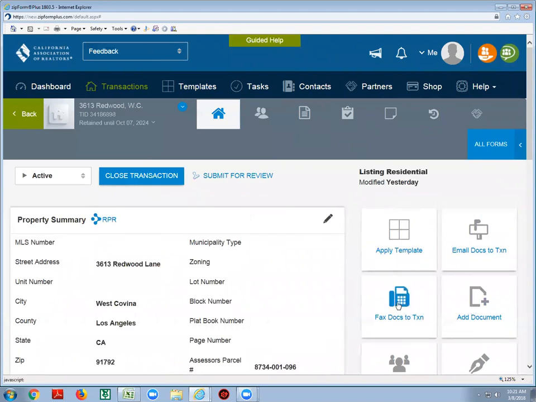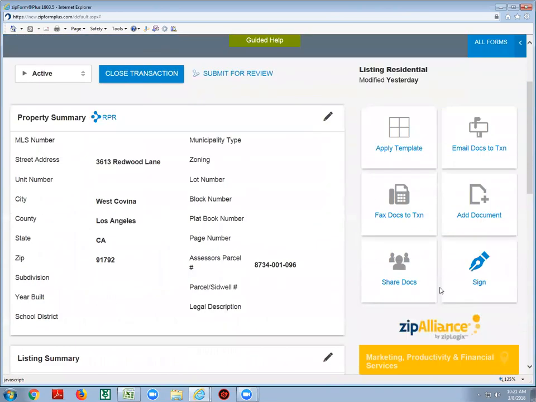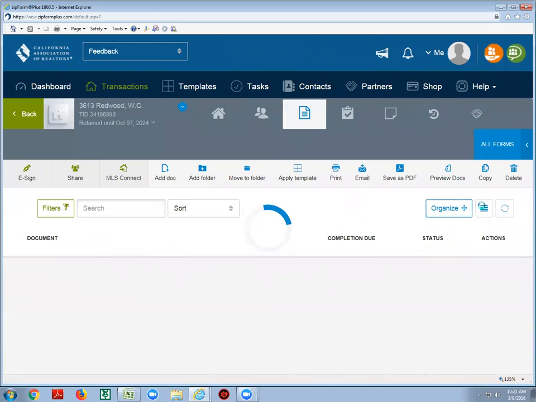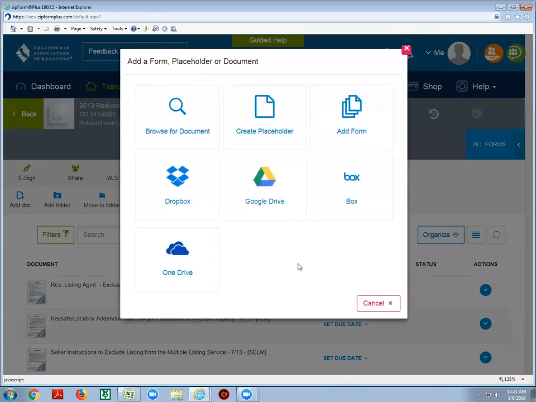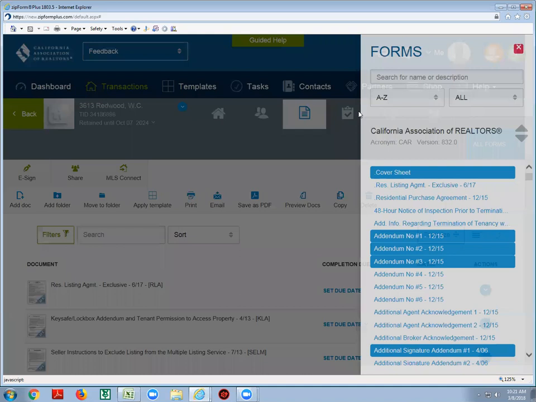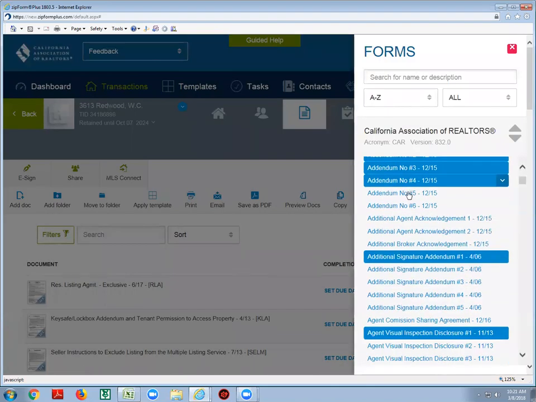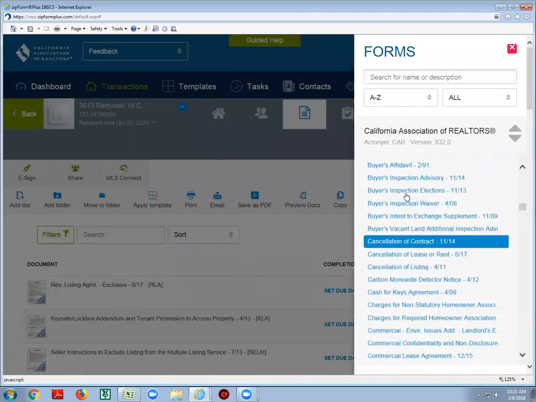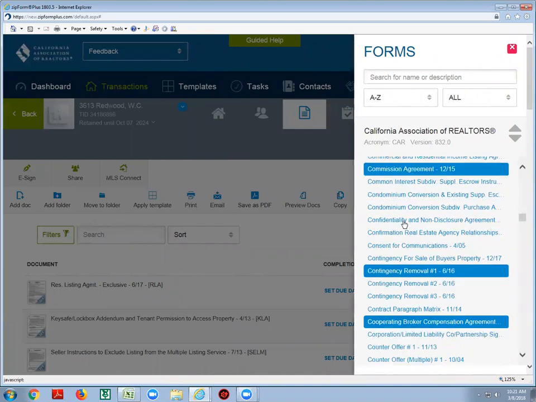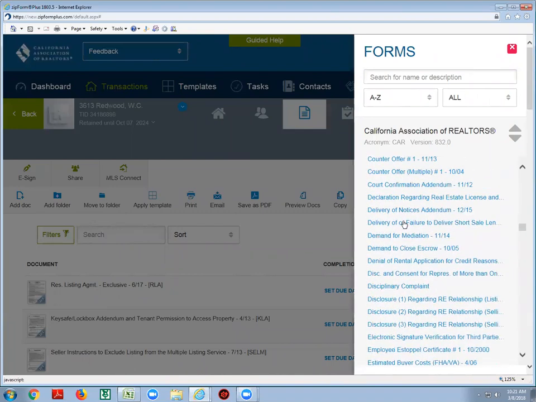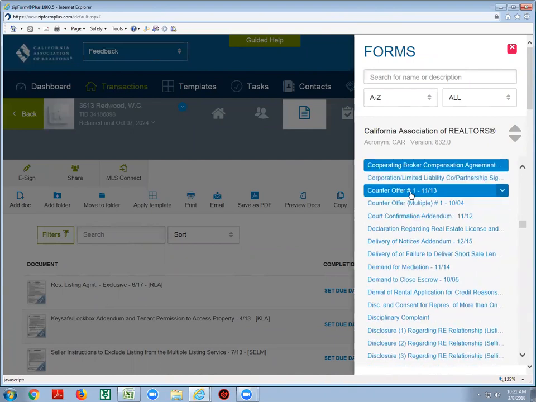Adding doc. Adding form. Counter offer. Since I work on both sides, I know this one does not have a counter offer, so let me get a counter offer number 1.